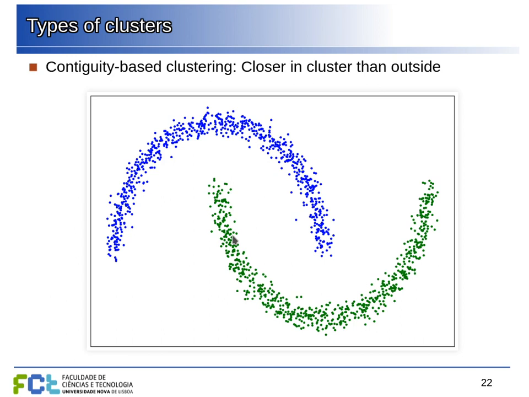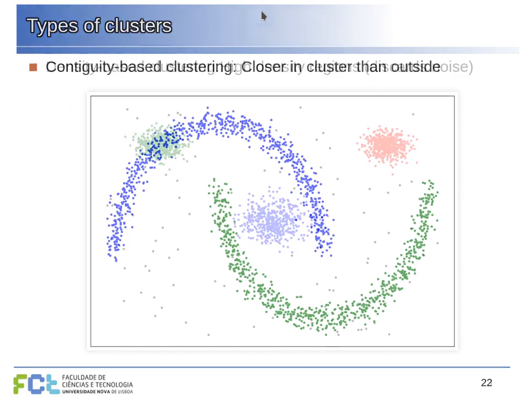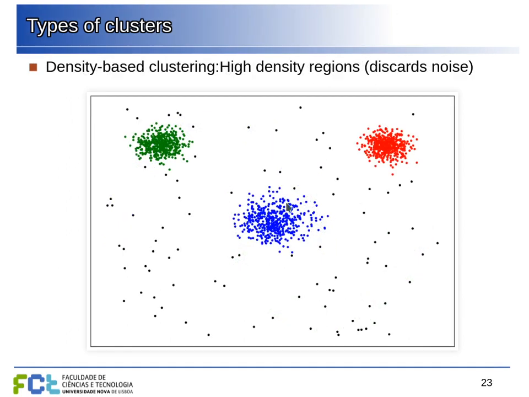So using different ways of defining clusters, for example, contiguity-based or density-based, in this particular case, we are separating these three clusters, green, blue, and red, because they have dense clouds of points. These black points here we consider noise. They are in low density regions, and we consider them not to belong to any cluster.